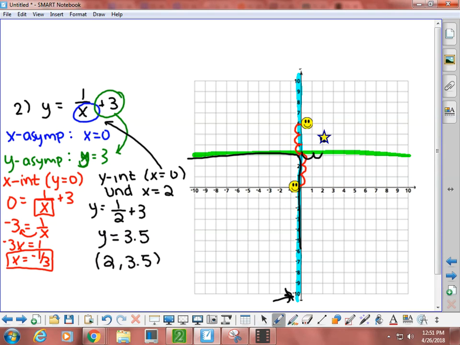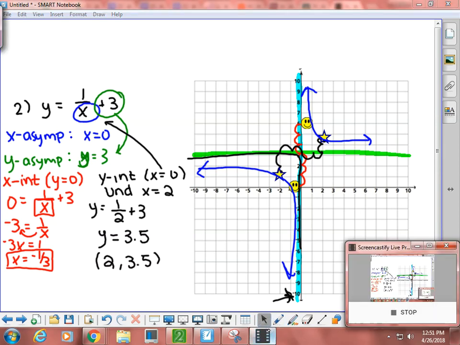I went 1, 2 on the green and up 1.5. So I'm going to go 1, 2 to the left and down 1.5. So right here will be my other star. Then I have enough that I can connect these. Here's my first, and here's my second. And hopefully that has helped you through this.